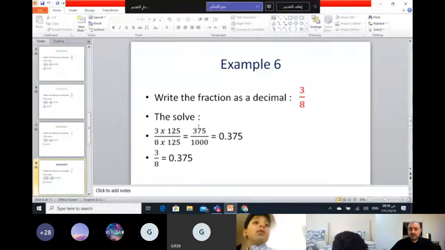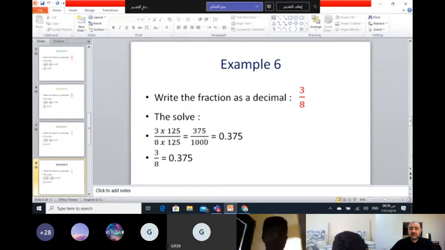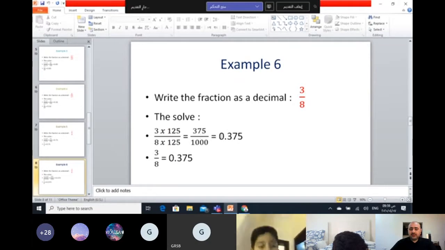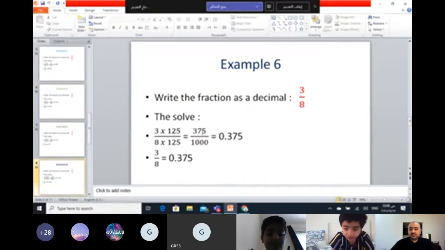So I can now convert to a decimal because the denominator now has a power of 10. Now, how to change to a decimal? What's the meaning of 375 over 1000? It means I have 375 parts of 1000, the whole. So put 375 in the thousandths digit.